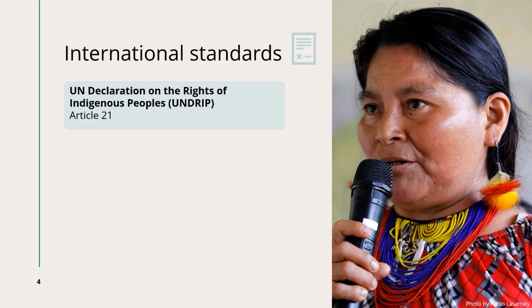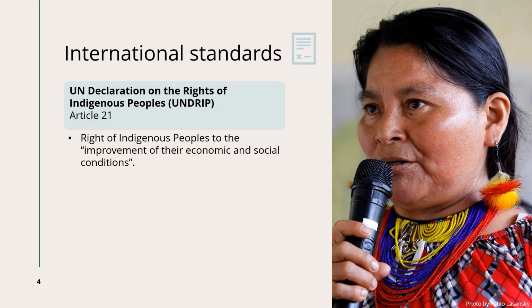UNDRIP Article 21 outlines the right of Indigenous peoples to the improvement of their economic and social conditions, highlighting the need for effective and special measures to address the historic discrimination they have faced.